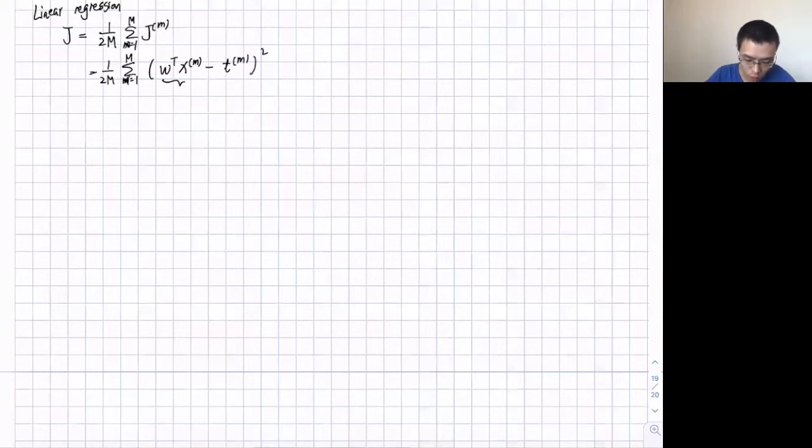Okay, so this is what you predicted as T hat m. Then you subtract the true value and you take its square.